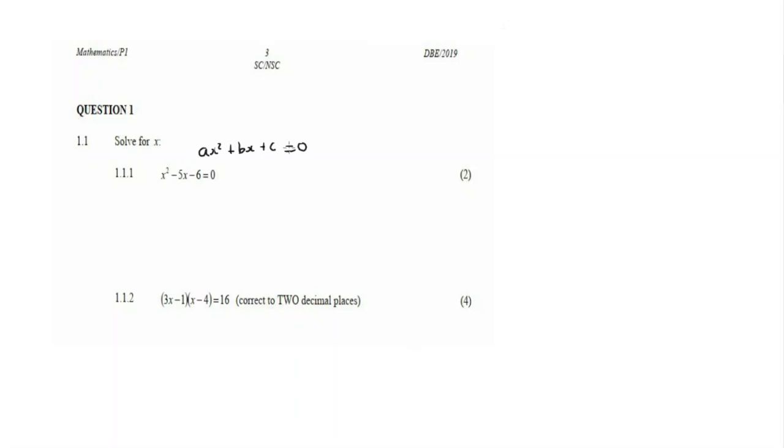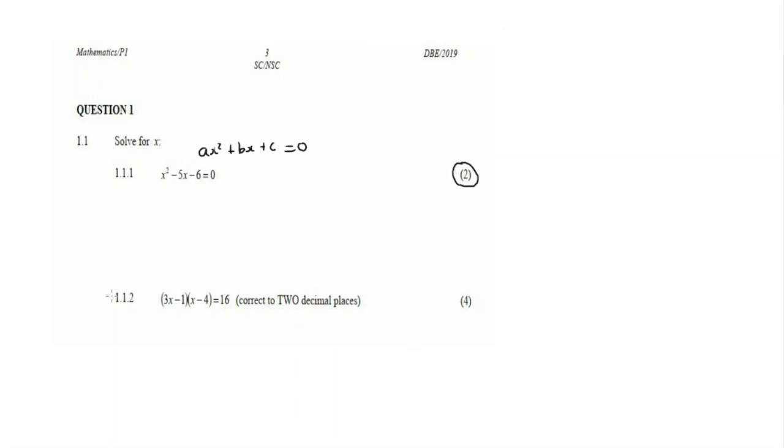That's the standard form of a quadratic equation. So this equation is actually on this standard form. You can use any of the three methods for solving a quadratic equation: the factoring method, the quadratic formula, or completing the square. But for 2 marks, I'd rather use the factoring method because it's the easiest one and much faster than the other two.